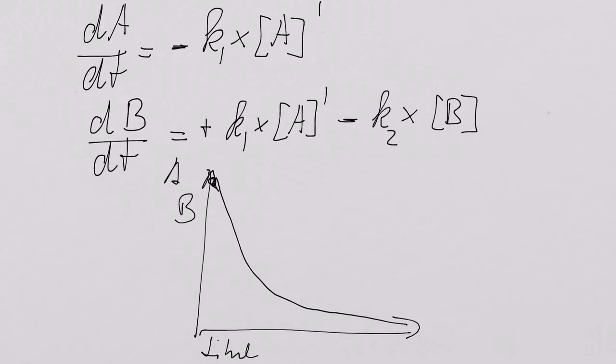Like that. What happens to B? First of all, we don't have any B. That's produced from A. It would go up.